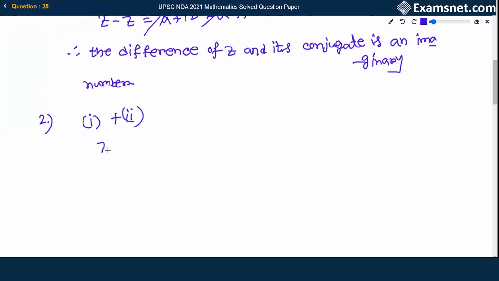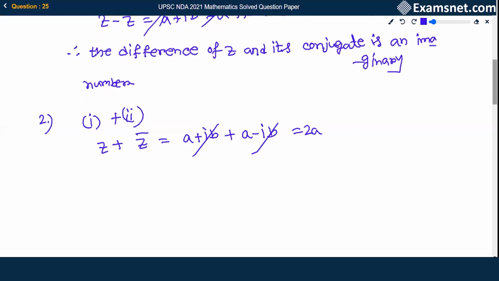So z plus z bar will give us a plus ib plus a minus ib. We got 2a. Look here, there is no imaginary part because there is no term associated with i. 2a is a purely real part.